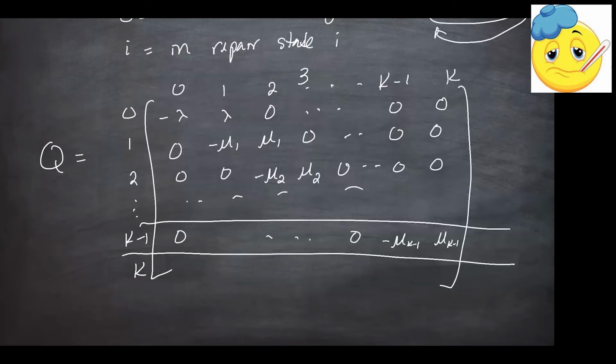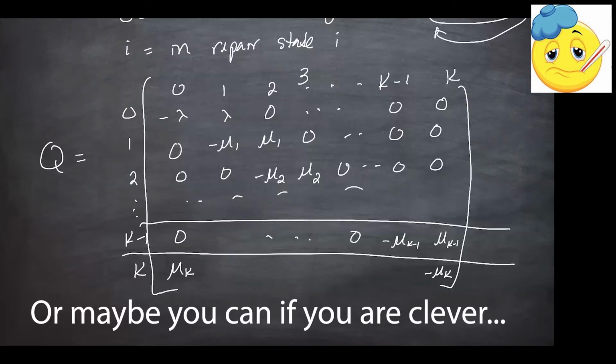And finally, if we're at state k, we're going to drop back to state 0 with rate mu sub k, or we'll stay where we are with rate negative mu k. So unfortunately, because of that last drop, which is more than just 1 step, we're not going to be able to treat this as a birth and death process.